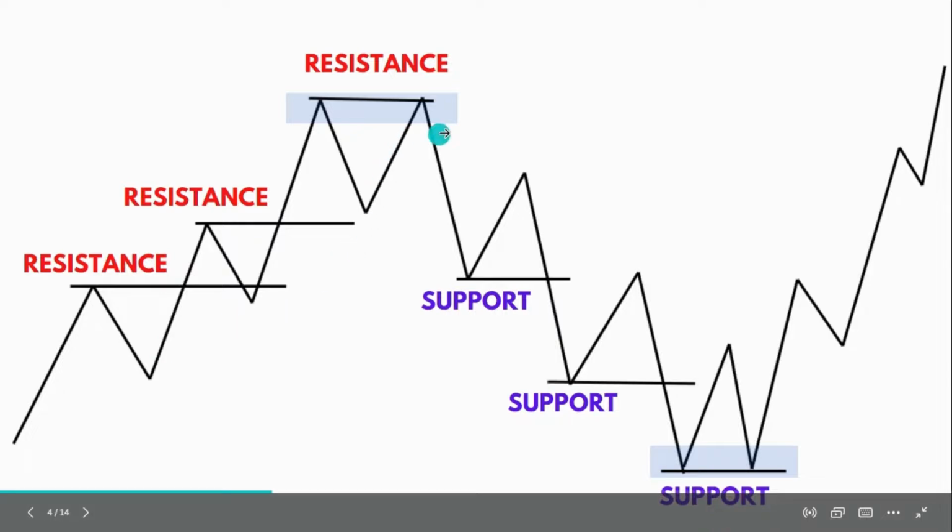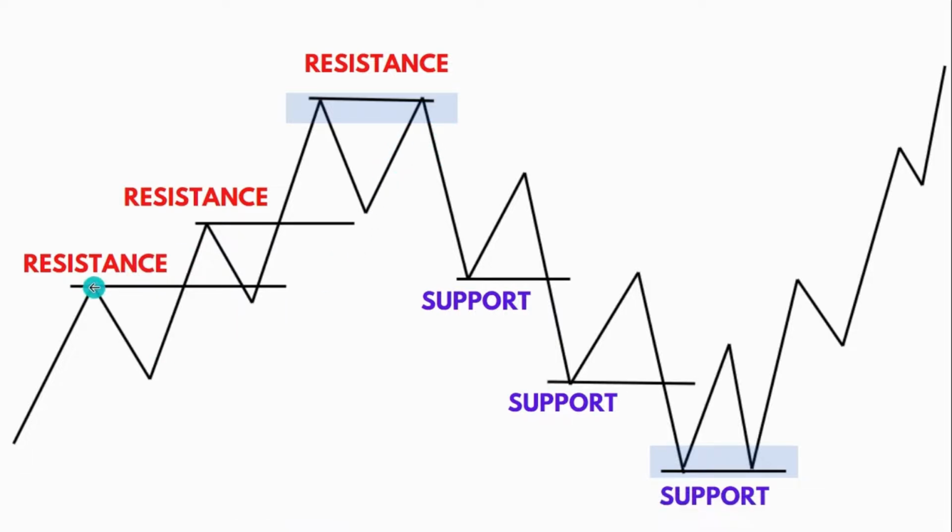So here we have an uptrend, and we know that the highs are resistance, right? And when the high gets broken, it becomes support, and then price breaks and retests it and goes up like that.